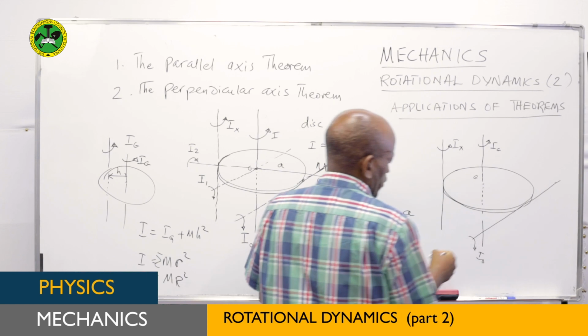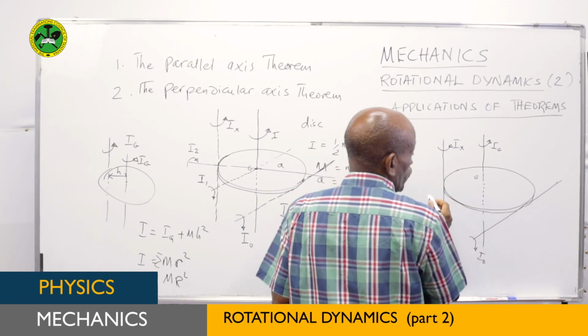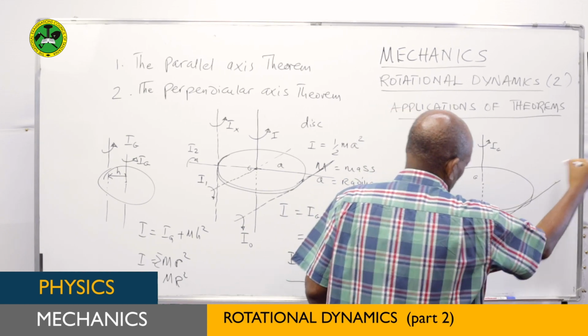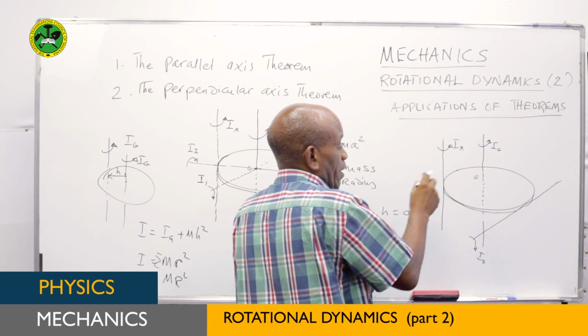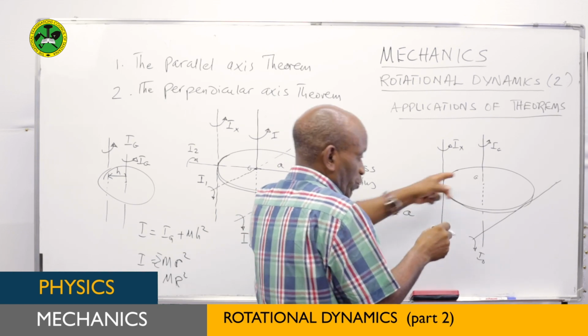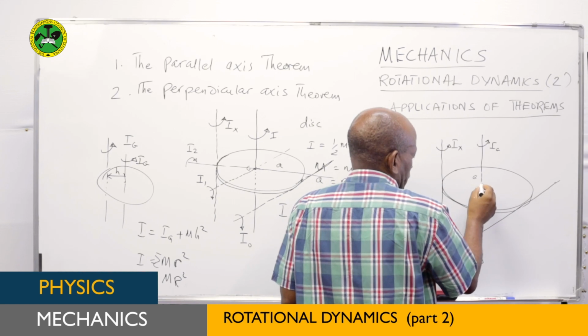Now to find this moment of inertia, I'm just going to draw an axis passing over its plane. But any particular axis passing over that particular plane will be, whenever a disk is rotated about that part, any of the axes passing over its plane through its center will just be the same because they are all passing through the center.